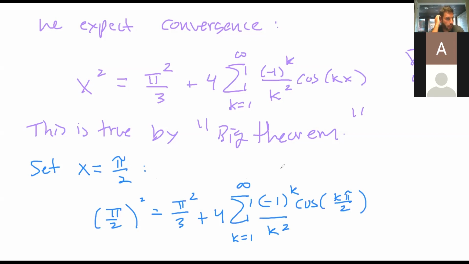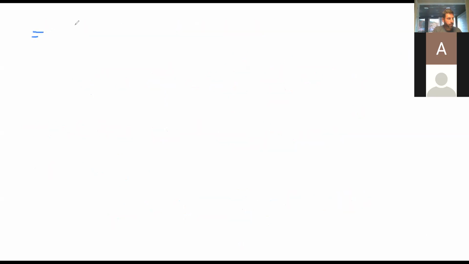Now, when x is pi over 2, when k is 1, you get cosine of pi over 2, but we know that's 0. So let's write this out. So you have pi squared over 4 on the left-hand side is equal to pi squared over 3 plus 4.